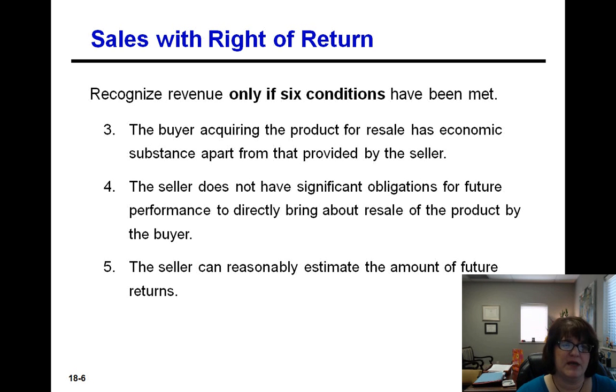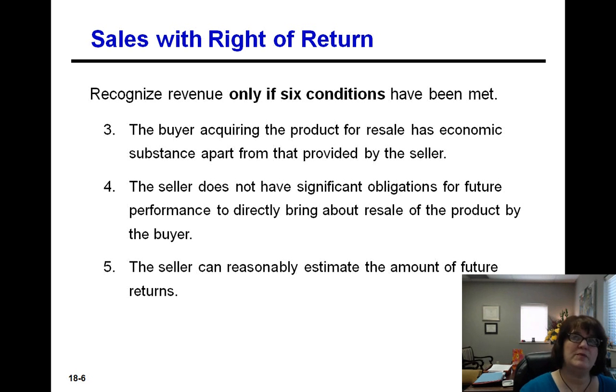It's not their problem. And finally, the seller has to be able to reasonably estimate the amount of the future returns. That usually takes a little bit of history for them to be able to do that. And sometimes it's a matter of saying there's a maximum percentage of the sale that can be returned. Okay?